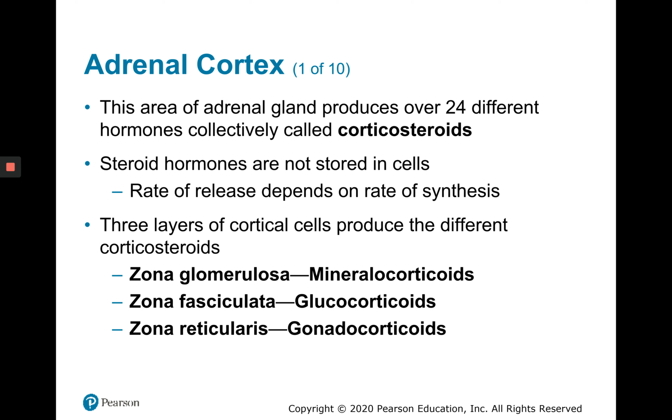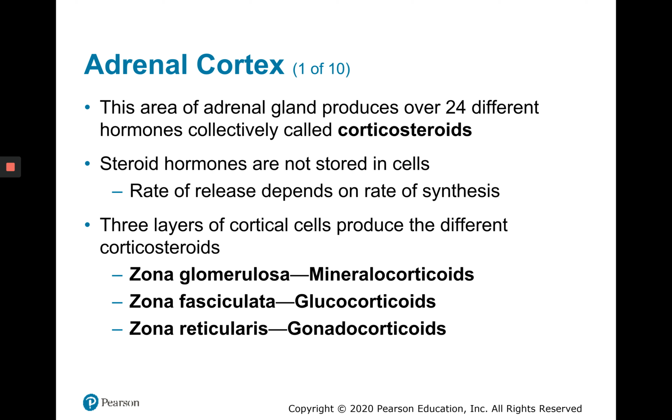So all of these corticosteroids are steroid hormones, so they're not stored in cells, they're going to be synthesized kind of on the spot. And the rate of release is just going to depend on their rate of synthesis, which makes sense. So there's 3 layers of cortical cells or of tissue in the adrenal cortex, and each of these layers can produce different types of corticosteroids. So we have zona glomerulosa.